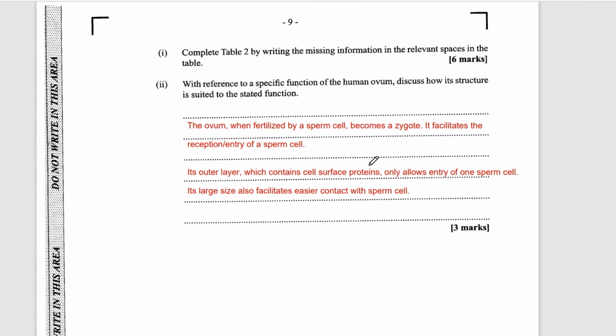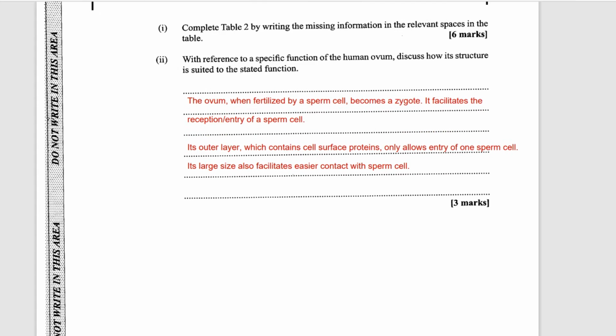And what that would do eventually is form a fertilization membrane that will only allow entry of one sperm cell. So you can't have all of them coming in at one time. So once it gets fertilized, that will happen. And in terms of the structure, we know the egg cell is a lot larger, and that facilitates easier contact with the sperm cell. Once you use a little bit of common sense, you should be alright with that one.